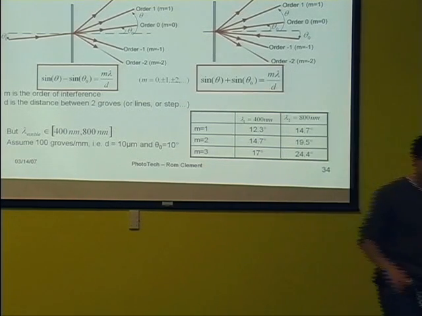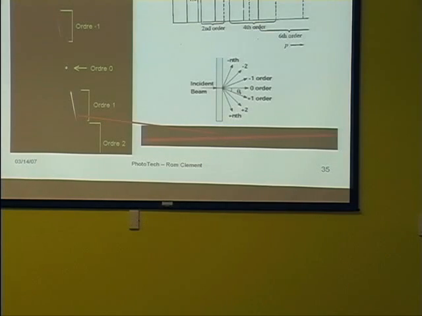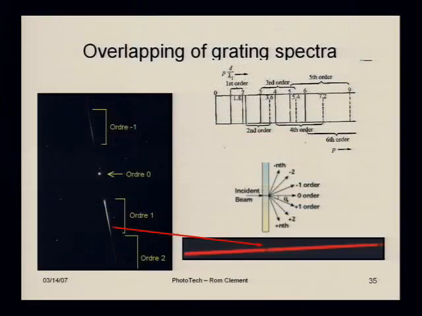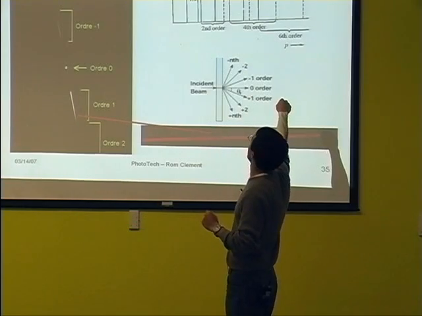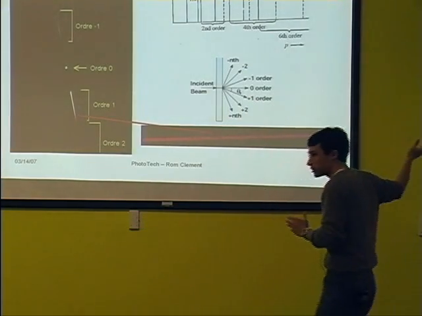So what's happening here is that I have an overlap of my orders. So if we're looking at the graph at the top, I have my first order and then my second order. But we can see that the third order overlaps the second order, as does the fourth. And things are getting worse and worse.